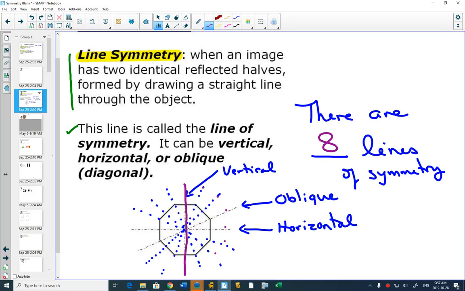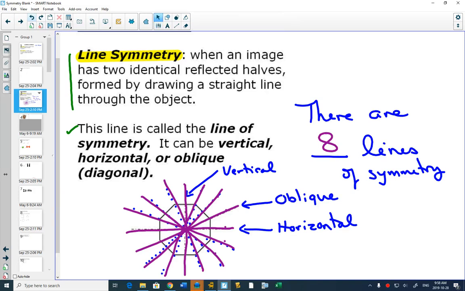So I go 1, I'll do them in purple here, 2, whoa, that's a bad drawing. 2, 3, 4, 5, 6, 7, 8, and they're all done. So there are 8 lines of symmetry on this shape.